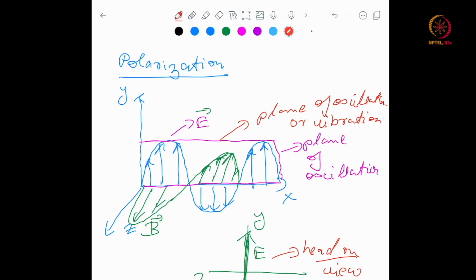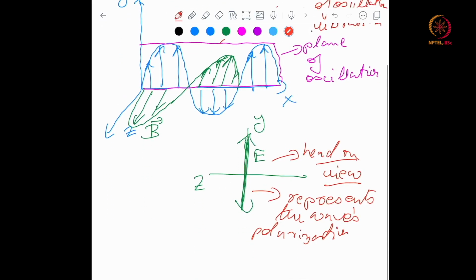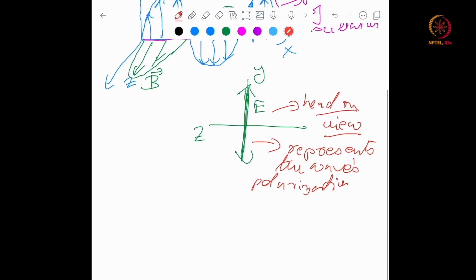That is what is represented in this particular view. All right.